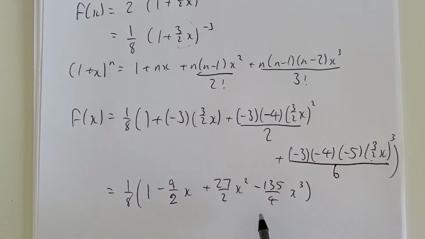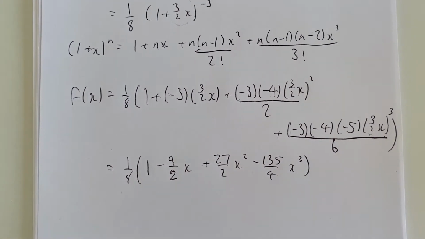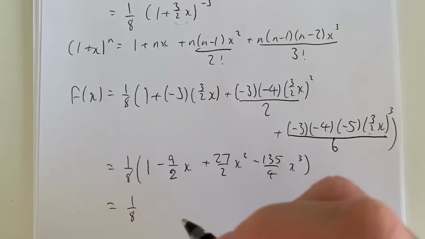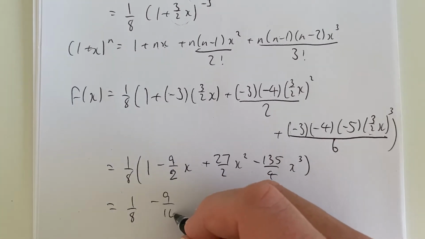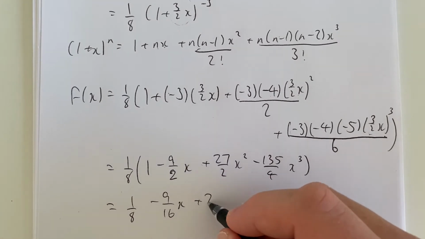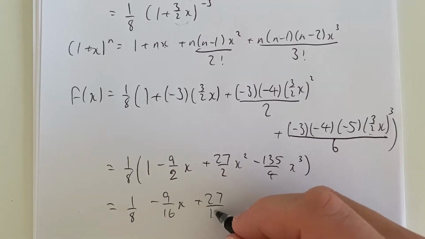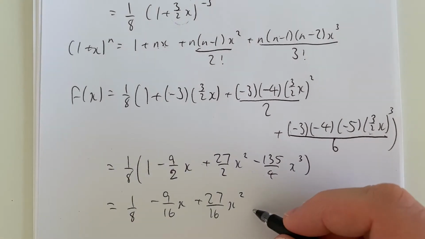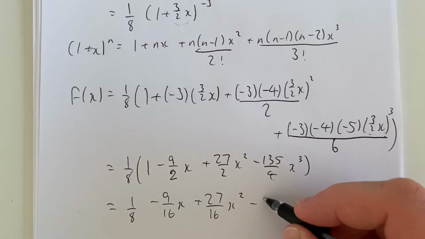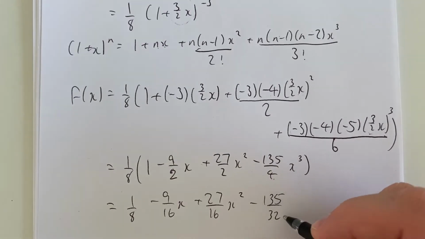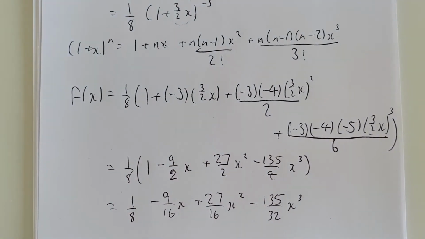And then if we want to do an eighth of all of this, we just multiply all of the denominators by 8. So 9 over 16x, 27 over 16x squared, and multiply that by 8, you have 135 over 32x cubed, and that will be your solution.